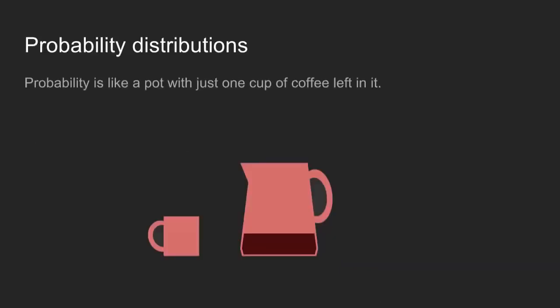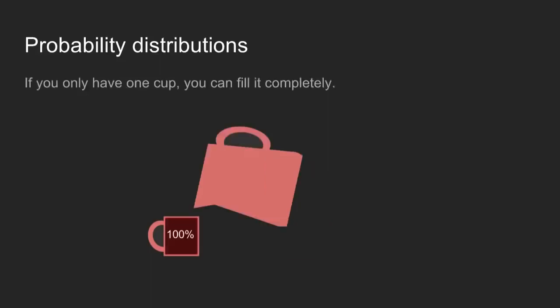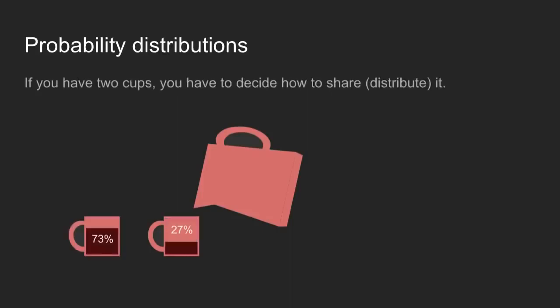So to show this, we'll have to do a little bit of a detour and first talk about probability distributions. You could think of probability like a pot with just 1 cup of coffee in it. If you just have 1 cup to fill up, you can fill it all the way to the top. But if you have more than 1 cup, you have to share it around or distribute it.